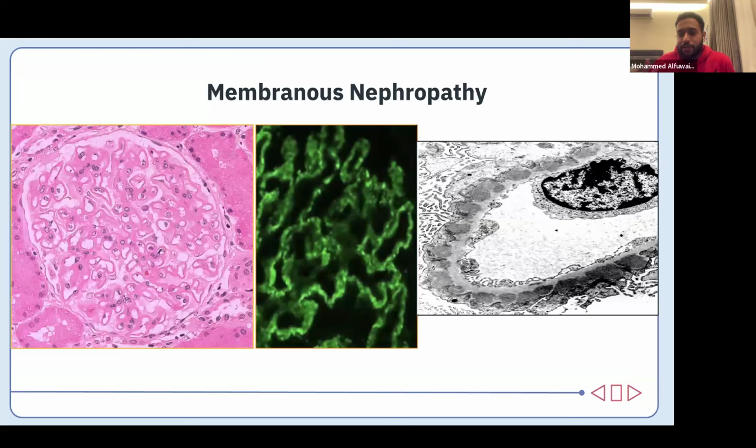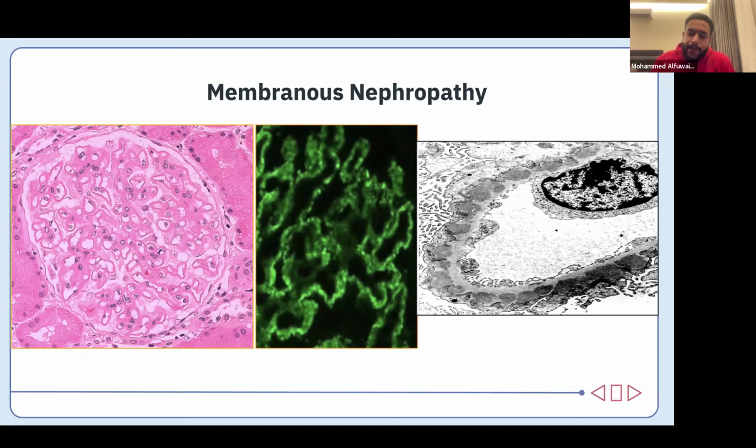But you treat them conservatively, meaning that you just give them ACE inhibitors and ARBs to decrease the proteinuria. There's some element of hematuria that can happen as well. You decrease that, and this will help the patient. It will remove the edema, remove all that stuff. Okay? So that's basically the management of membranous nephropathy. If this doesn't work, then you go to more extreme treatments, such as steroids and then immunosuppressants.